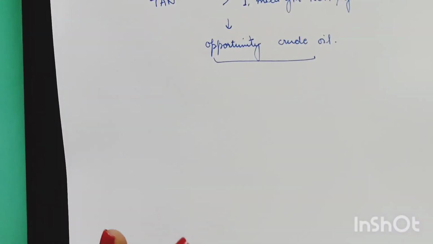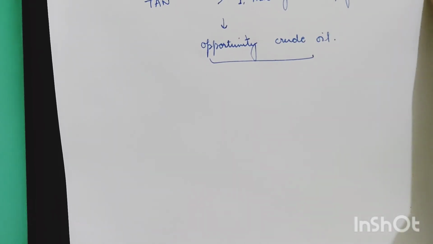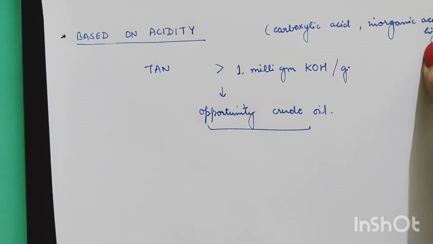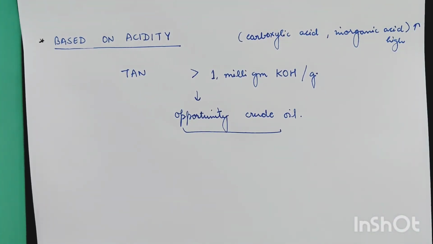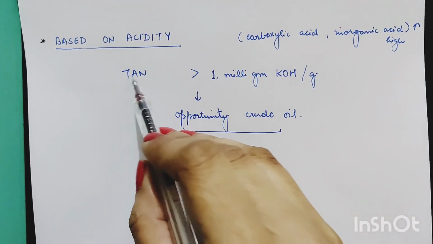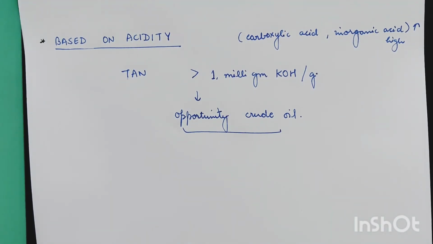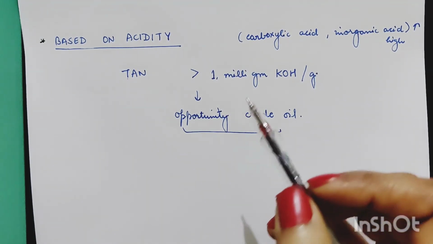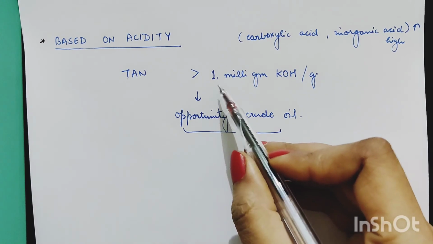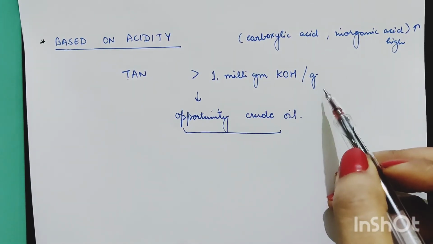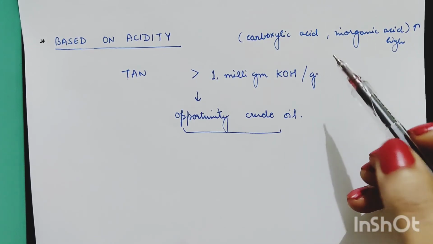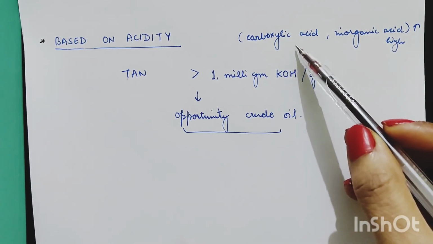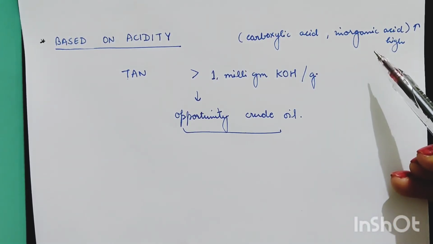Coming to the next division, which is based on acidity. Based on acidity, crude oil can be defined in terms of total acid number, TAN. If the total acid number is greater than 1 milligram KOH per gram, then it is highly acidic, meaning it contains high quantities of carboxylic acid, inorganic acid or naphthenic acid.